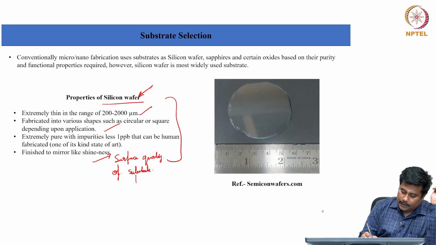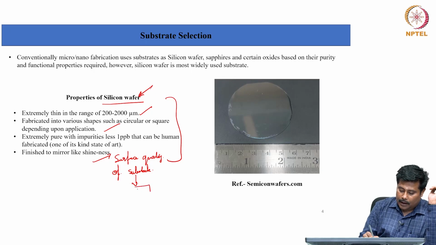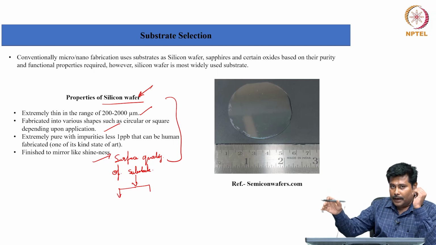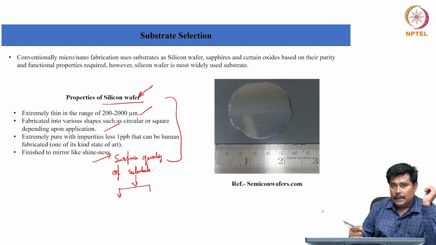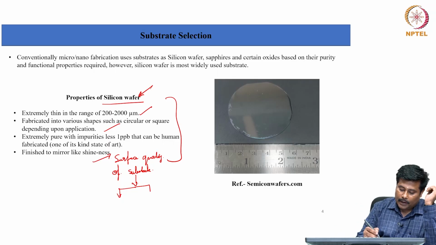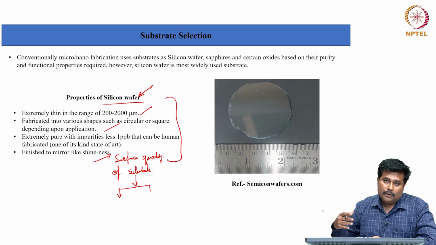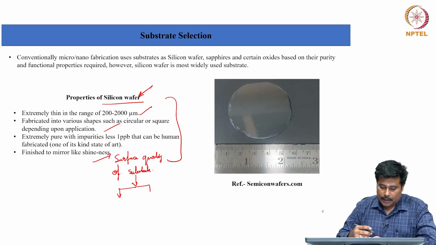So here the surface quality plays a vital role. Wherever I need a structured pattern, based on the functionality or characteristics, I can have an impact on the surface quality based on the requirement.